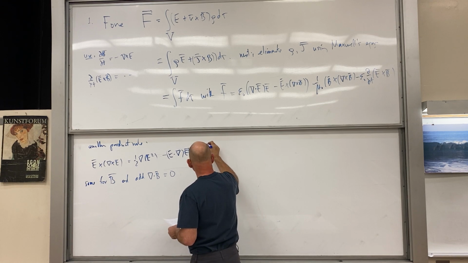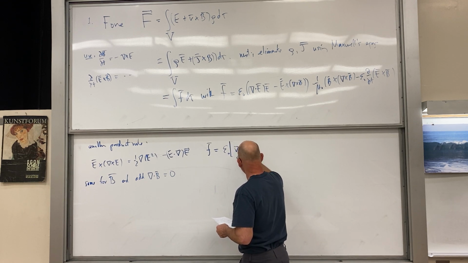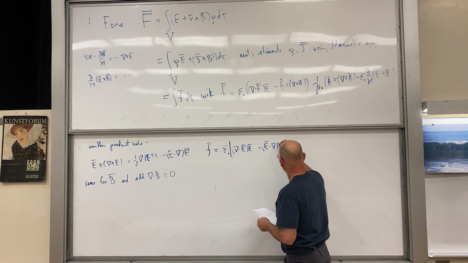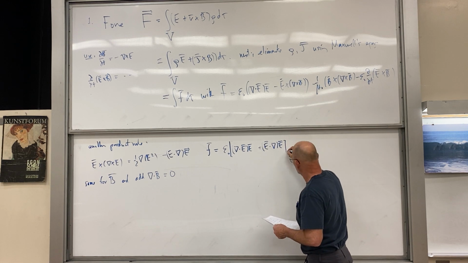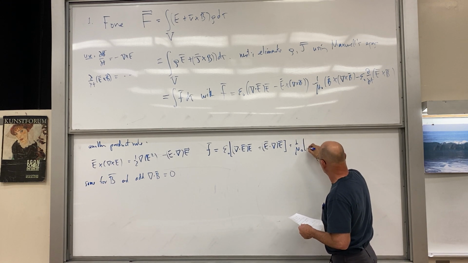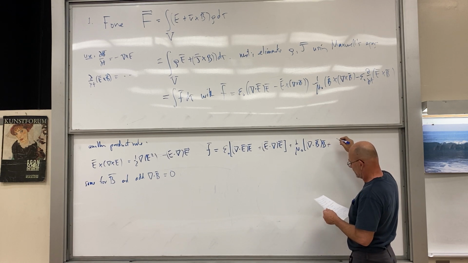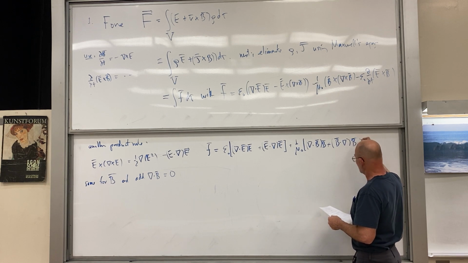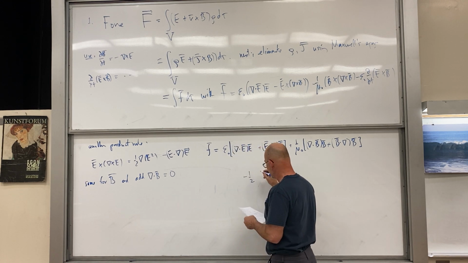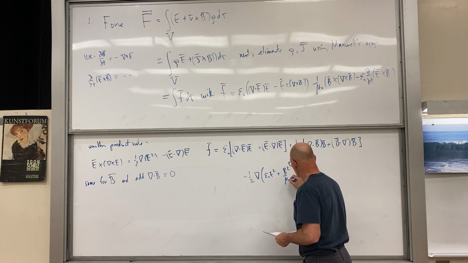And this one we're going to write out equals epsilon naught, open bracket, div E times E plus E dot grad E, so that's electric, plus 1 over mu naught, same thing for B, div B times B plus B dot grad B. And then we'll recognize this energy density, epsilon naught E squared plus B squared over mu naught.